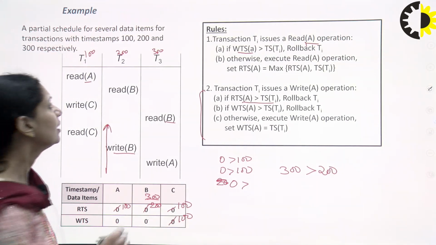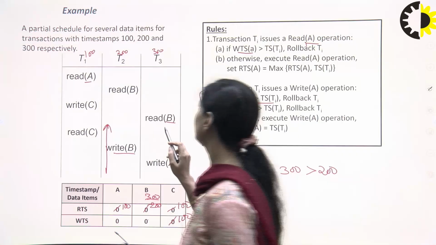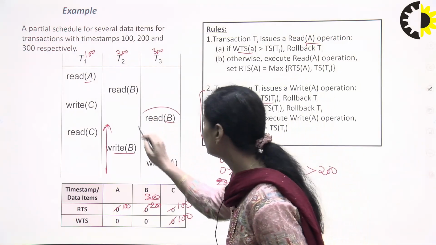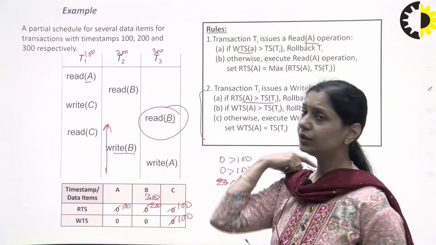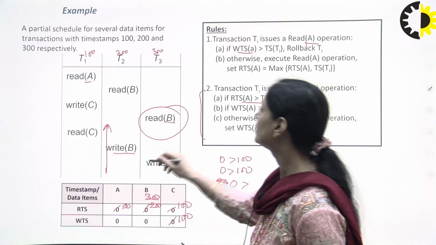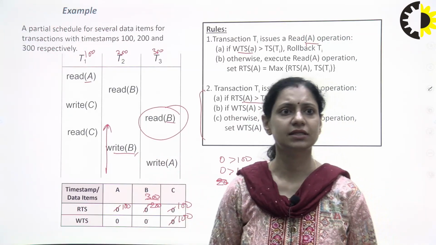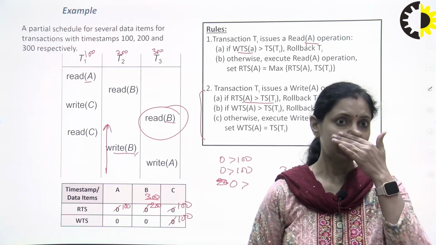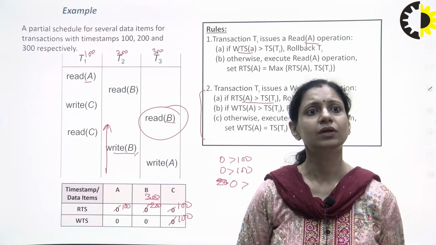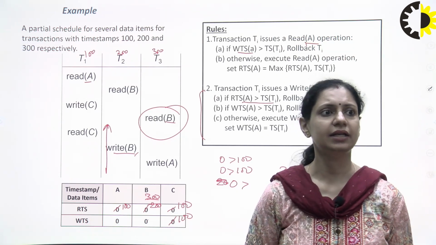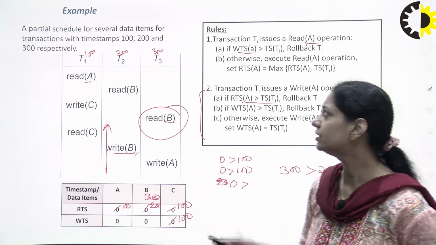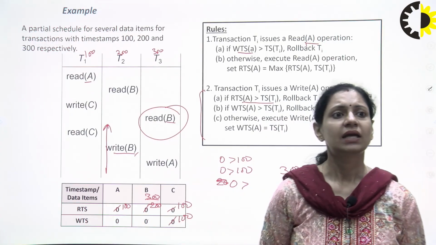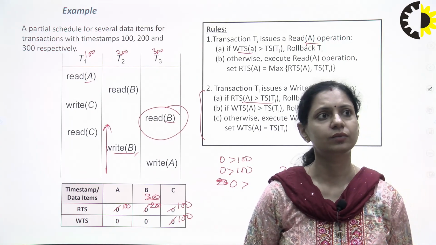The reason being, we do not allow a read operation of a new transaction before the write into the data item by the previous transaction. This leads to an inconsistent database and hence this transaction T2 has to roll back. This is how the timestamp protocol works.